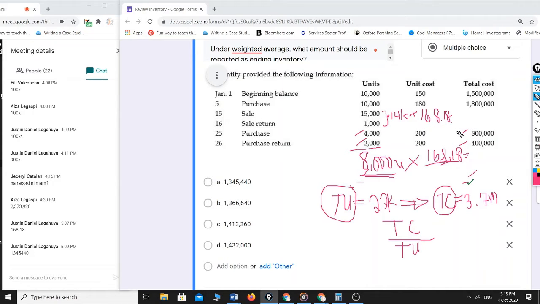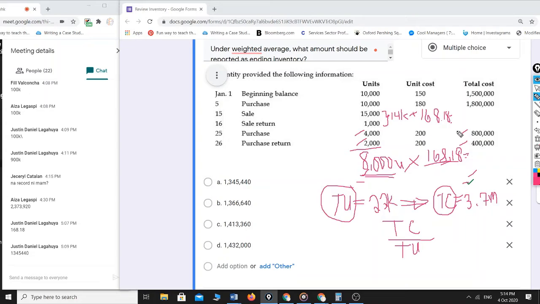Okay? By the way, guys, in inventory, we have two types of recording. We record this one as perpetual system and periodic system. Okay, the company may employ perpetual system or periodic system. Si periodic system, the company is required to have a physical count at the end of the year.